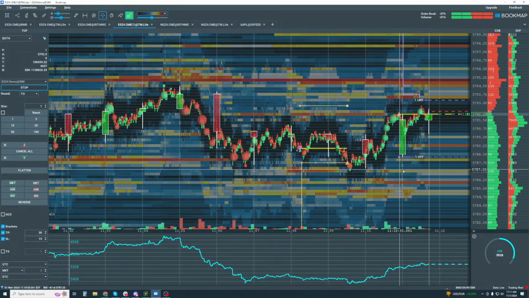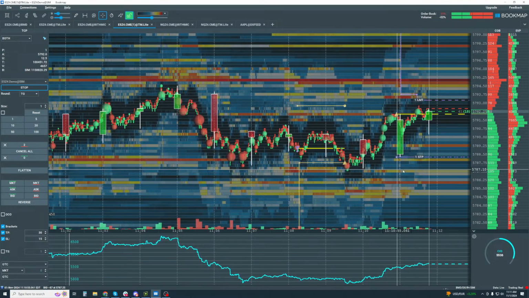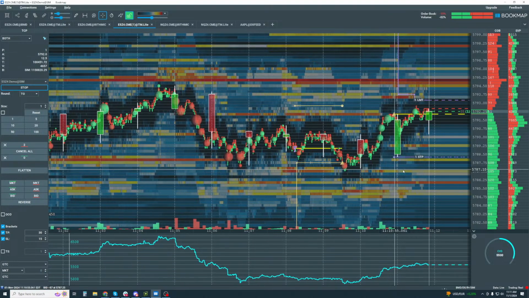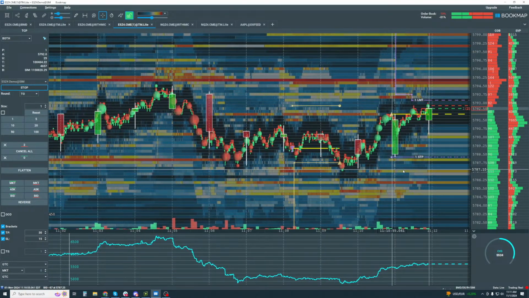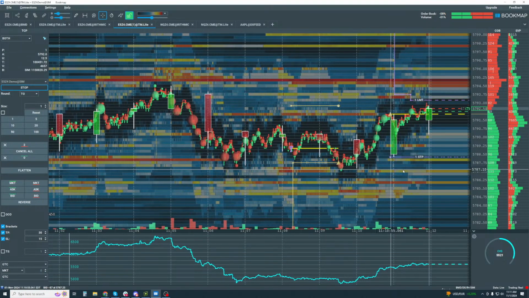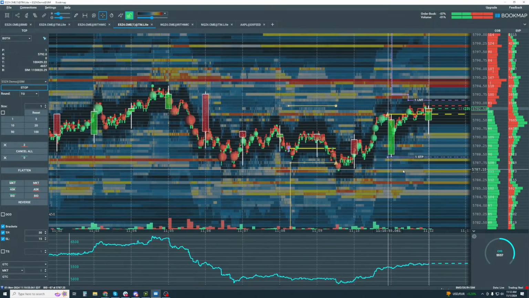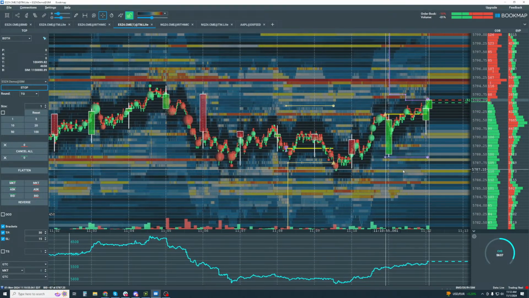Now, I know these are little scalps in here, but like I said, you'll see this on all time frames. We're trying to look at the higher time frames on that 15-minute and hourly, and we're just not getting much today. And there we go.